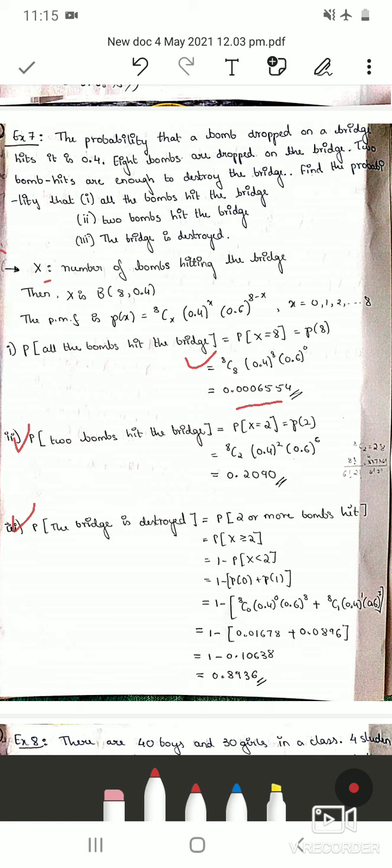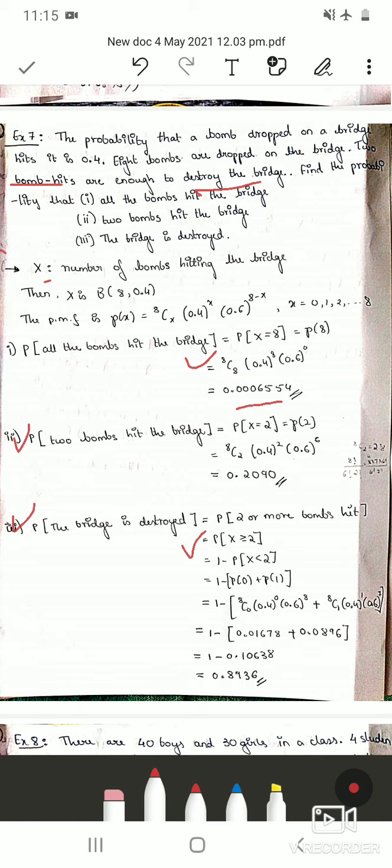The third sub question is the bridge is destroyed. Here in the question they have given that 2 bomb hits are enough to destroy the bridge. Therefore the probability that the bridge is destroyed is nothing but the probability of 2 or more bombs hitting the bridge, that is x is greater than or equal to 2. When 2 bombs hit, the bridge is destroyed.